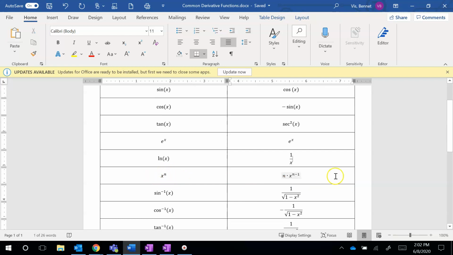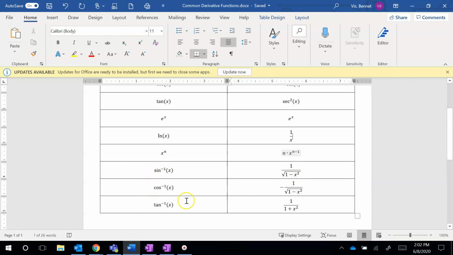A power function, I bring the power out front and reduce this by 1. All of the inverse trigonometric functions, think back to those times when we were doing the geometric representations of inverse trig functions back in section 4-6. All of those rates of change, I can come up with using those tips and tricks of those geometric representations of all of these things.